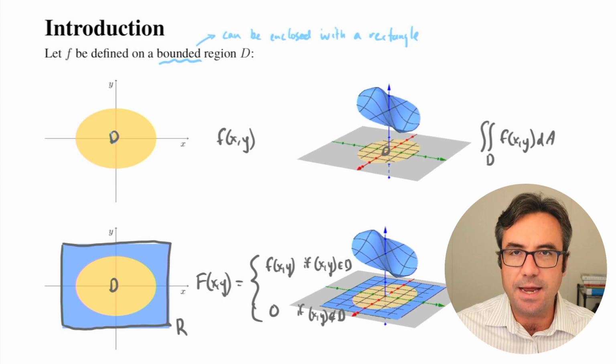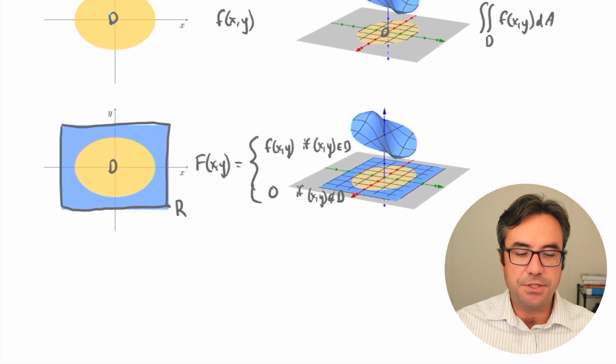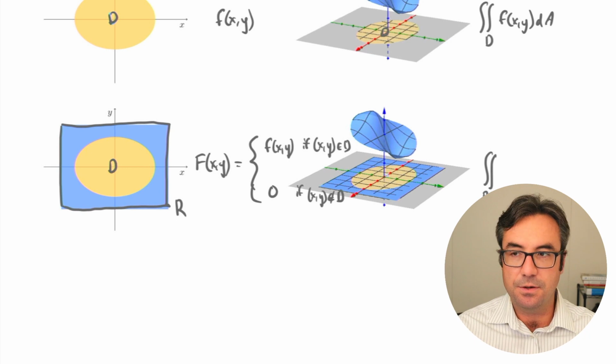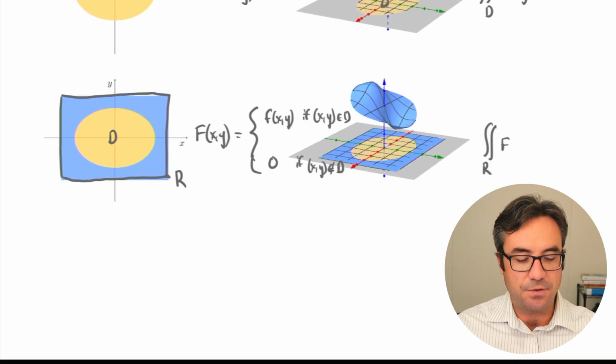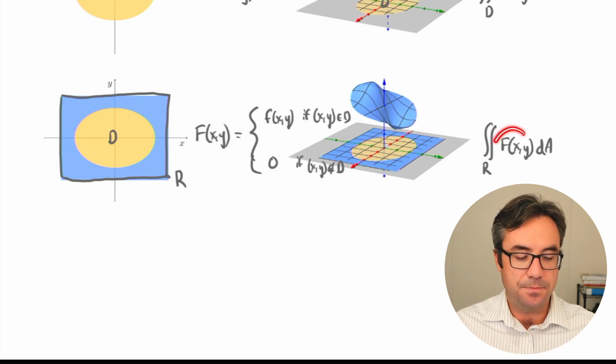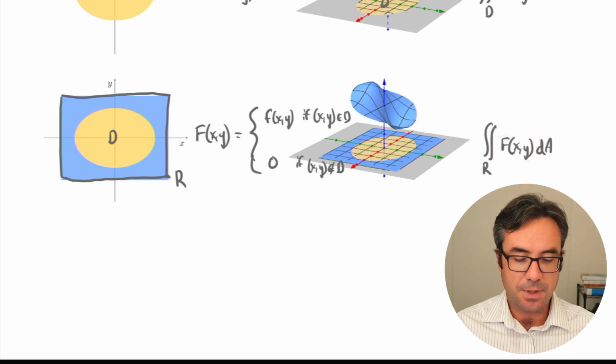So it was all rectangle based. Well, the idea is we're going to calculate the double integral of this piecewise function, because this is something we can do, because it's defined over a rectangular region.